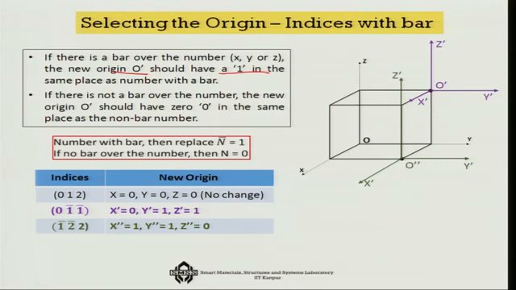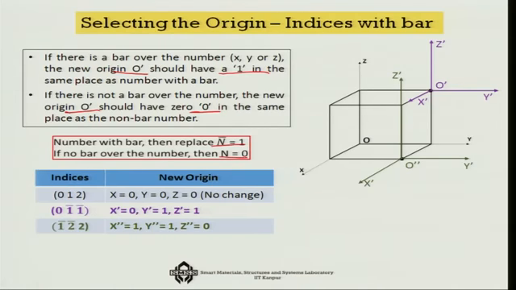And if there is not a bar over the number, the new origin O prime should have a 0 in the same place as the non-bar number. So, number with bar, replace this by unity, and if there is no bar, then replace it by 0.